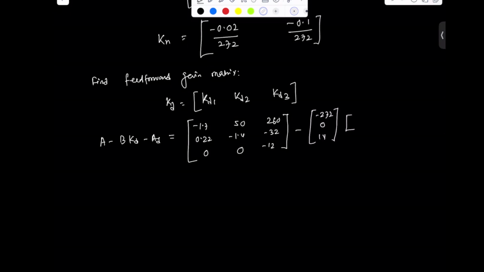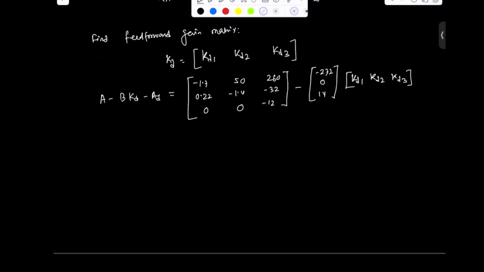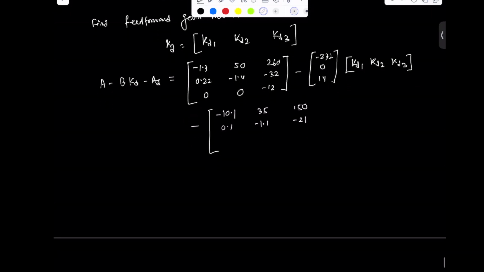And we have the feed forward gain matrix KD1, KD2, KD3, okay? And finally minus the AD matrix. The AD matrix is also given in the example: minus 10.1, 35, 150, 0.1, minus 1.1, 21, minus 21, 0, minus 8.